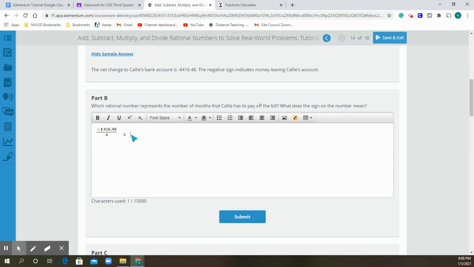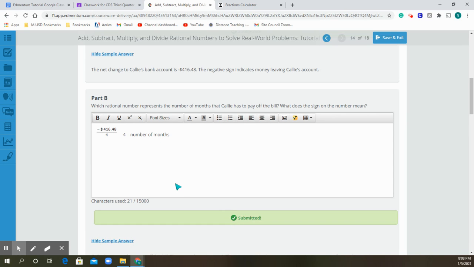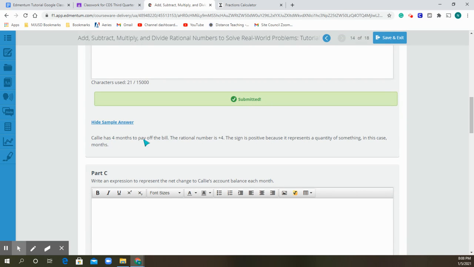So number of months. Yes, let's see. Callie has 4 months to pay off the bill. The rational number is plus 4. The sign is positive because it represents a quantity of something. In this case, months. Yeah, like I said.